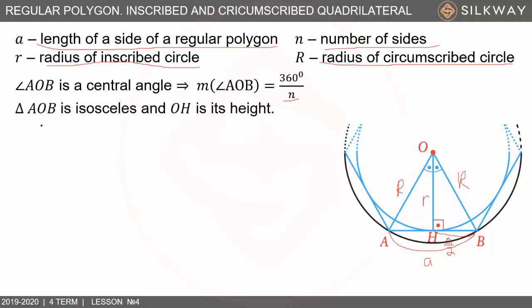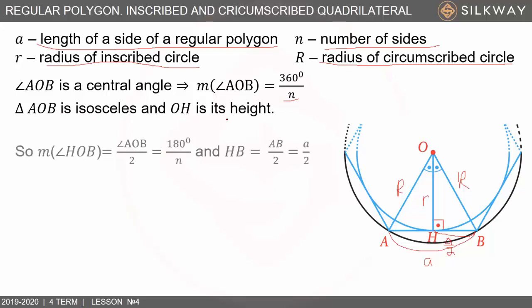Okay, next. Triangle AOB is isosceles and OH is its height. So the measure of angle HOB is equal to the central angle over 2. And if we divide the central angle by 2, we will have 180 degrees over n.